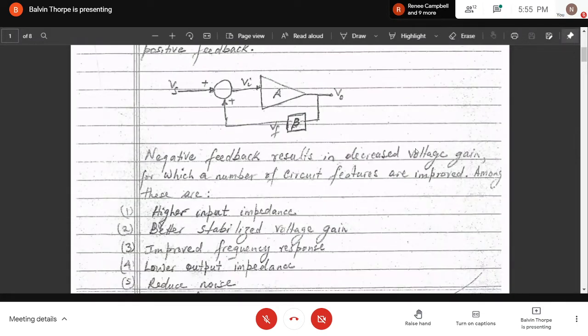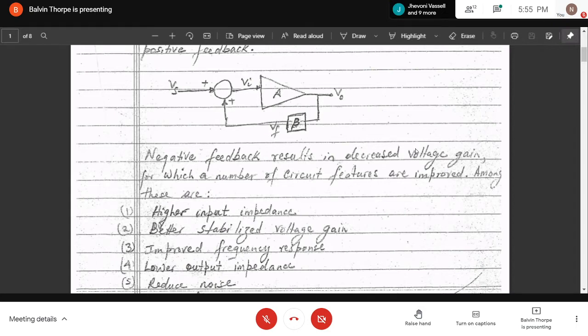Now, negative feedback. This is a general statement, no? Negative feedback results in a decreased voltage gain, for which a number of circuit features are improved. A lot of things are improved with negative feedback, but one thing for sure is that the voltage gain of an amplifier with negative feedback is reduced. You can understand why.